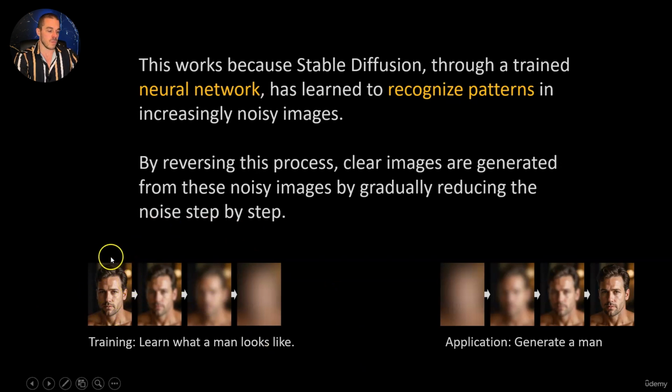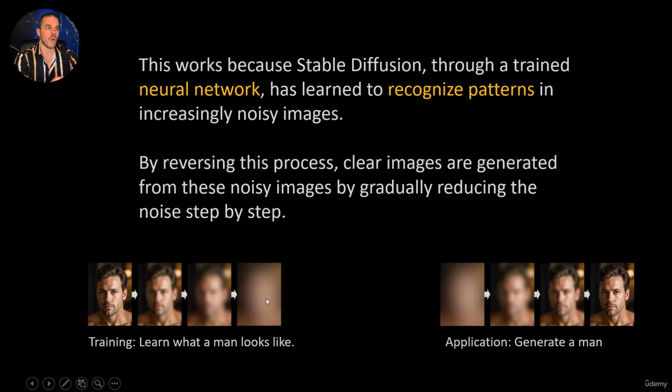So the training works like that. There's an image, for example, our man, and you tell the software this is how a man looks like. And after that, you add some noise. As you can see here, the image gets more blurry, and you always tell the neural network this is a man. Try to see the man within that image. And then you do it even more, until we just have noise.